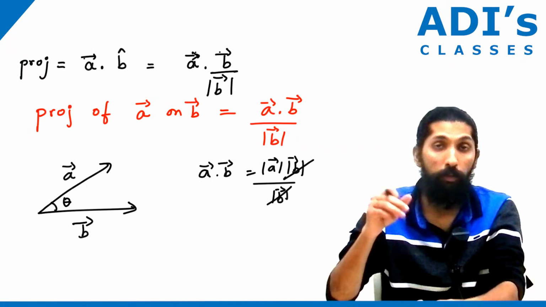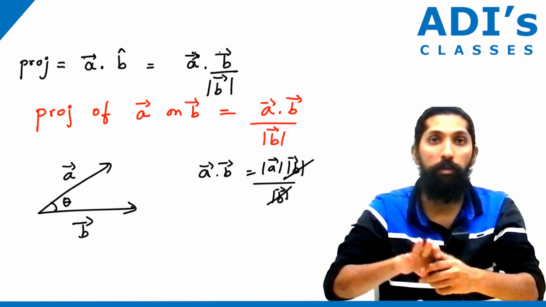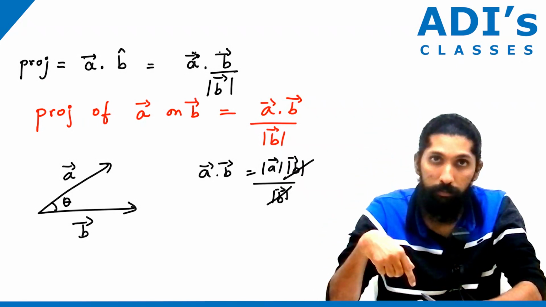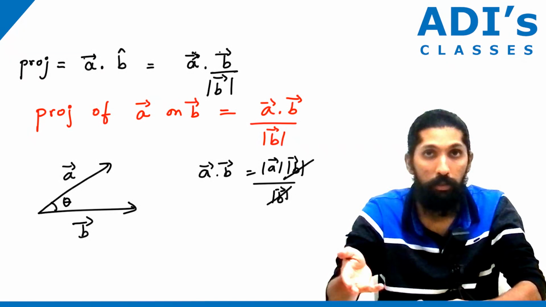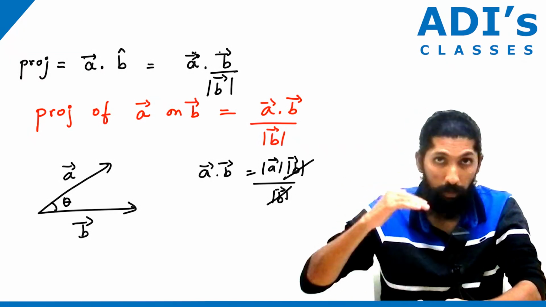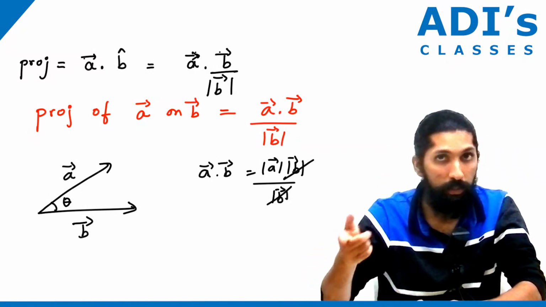Now, if theta becomes 90 degree, then there is no projection. Think about it: if the sun is right above your head, you don't have any shadow. Shadow is your projection, so there is no shadow whatsoever. And if you lie down on the ground, your shadow length and your length are one and the same.